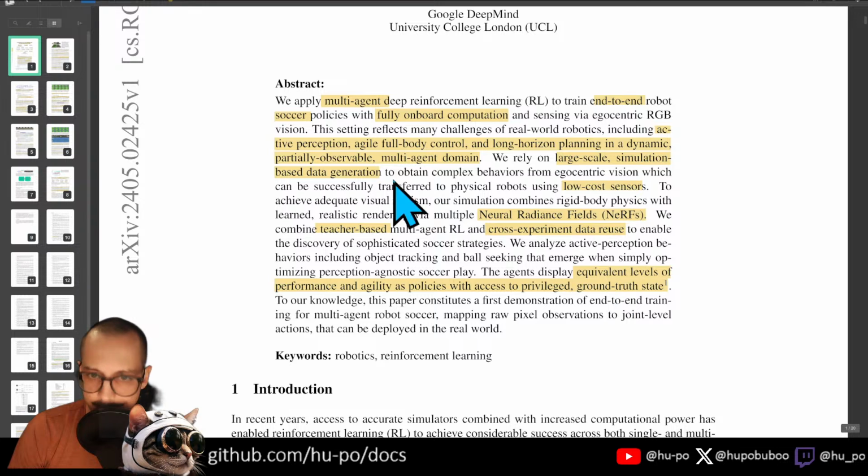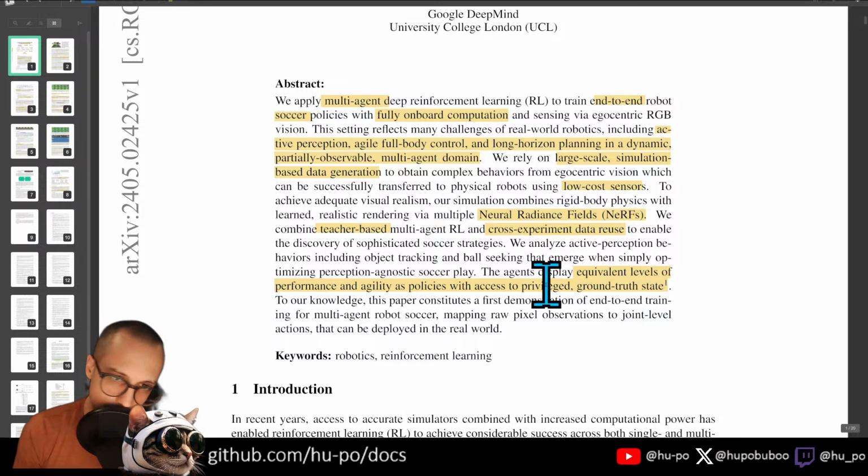We analyze active perception behaviors, including object tracking and ball seeking, that emerge when simply optimizing perception-agnostic soccer play, right? Emergent behaviors, everybody's favorite thing to read about in reinforcement learning, because that's the coolest part. The agents display equivalent levels of performance and agility as policies with access to privileged ground truth state.